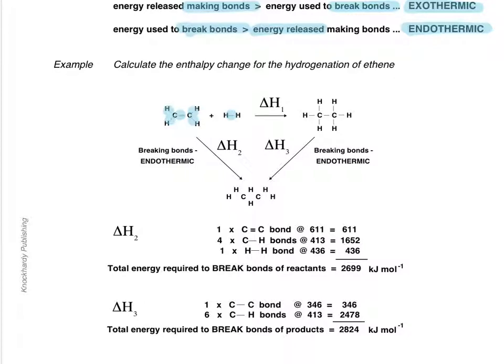The total energy required to break the bonds of the reactants is 1 carbon-carbon double bond, 4 carbon-hydrogen single bonds, and 1 hydrogen-hydrogen bond. That gives a total of 2699 kilojoules per mole. Your enthalpy changes are always measured in kilojoules per mole.